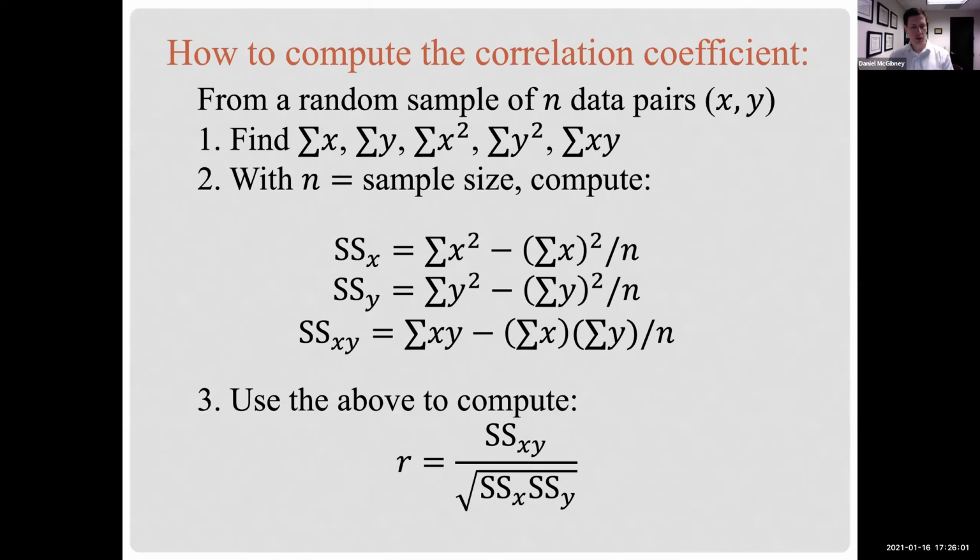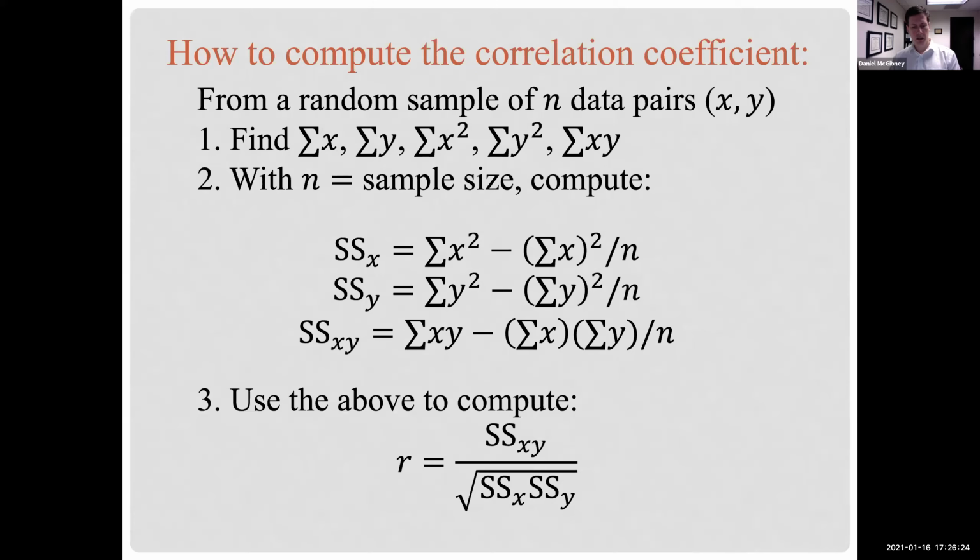The sum of squares of y is very similar, except it is the sum of y squared minus the sum of y quantity squared divided by n. The sum of squares of xy is the sum of x times y minus the sum of x times the sum of y divided by n.